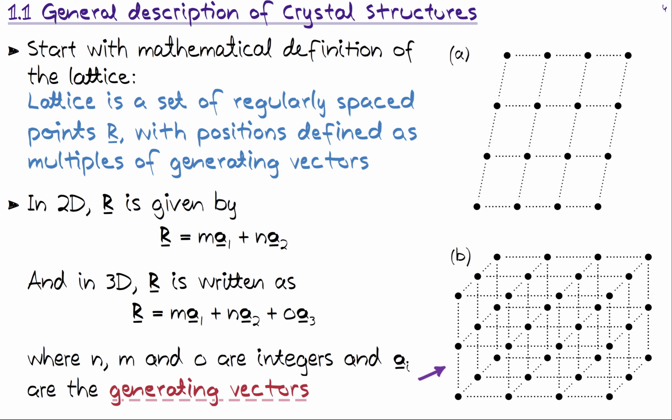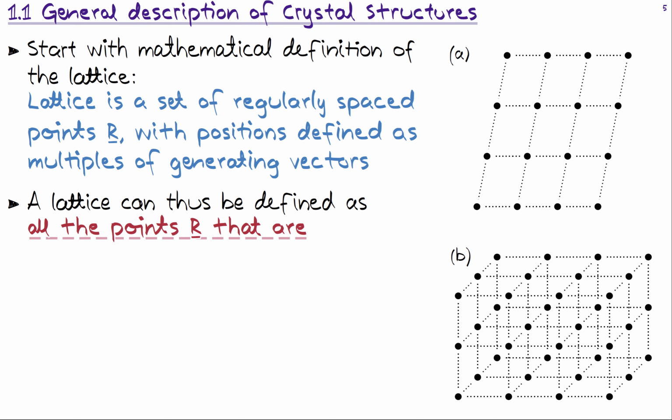And this is the case for a 3D lattice. Then we have the three different translation vectors, A1, A2, and A3, and they generate the space that we have. When we put different integers M, N, and O, we get a set of points capital R, and that defines the space that we will be dealing with. So a lattice can basically be defined as all the points R that are in that space.